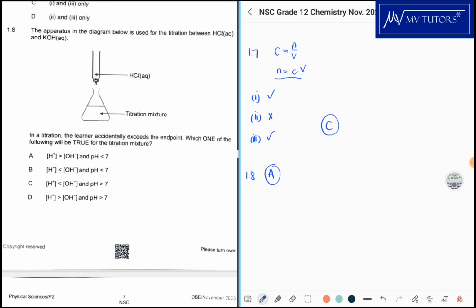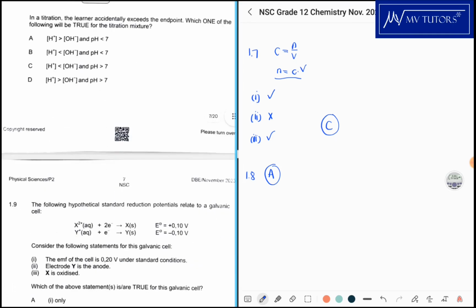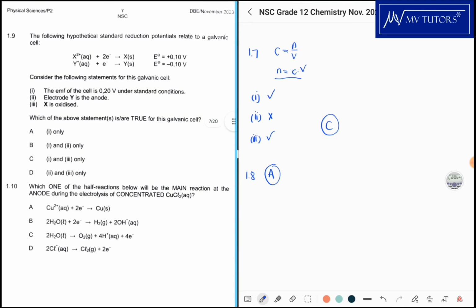Okay, so 1.9, we are almost there with question 1, and so far not so bad. It says the following hypothetical standard reduction potentials relate to a galvanic cell. Remember, a galvanic cell is your voltaic cell, where at the end of the day the EMF should be positive. If it's negative, then it means you're dealing with an electrolytic cell.